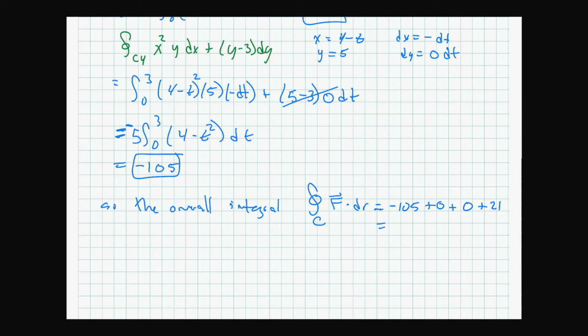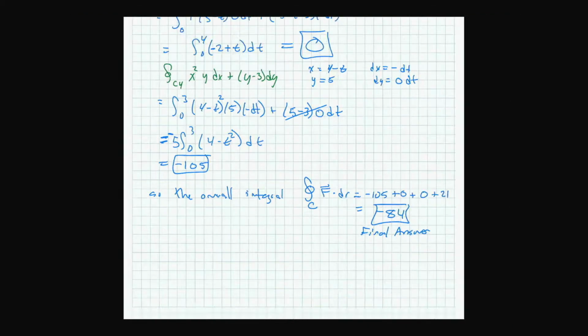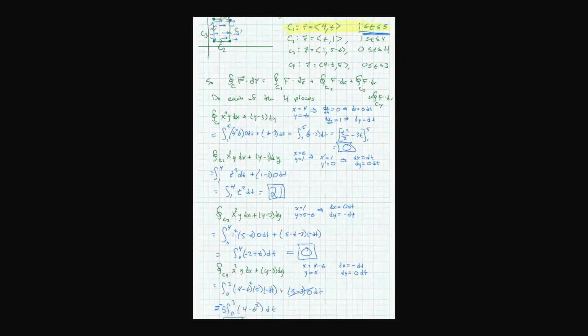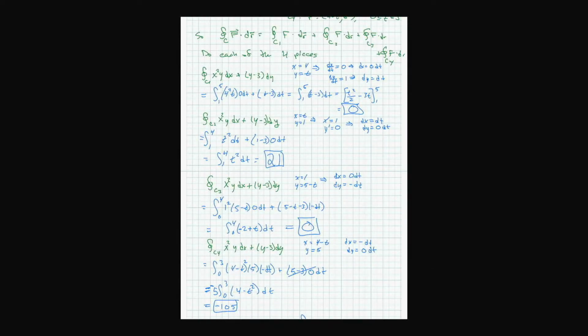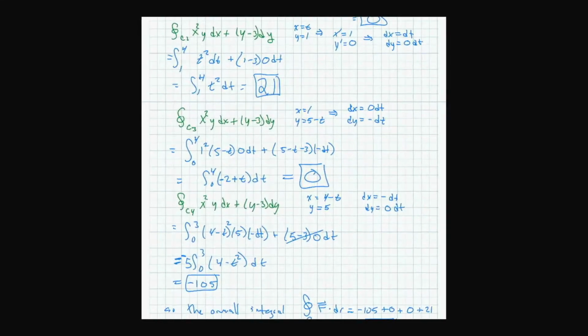So you add that up, negative 105 plus 21, and we get negative 84. Okay, so that's my actual final answer to the question, that's my line integral. Now, that was slow because we had to parameterize 4 pieces of the boundary. Even though the individual integrals were very quick, we still had 4 of them to do, and that made it take a long time.